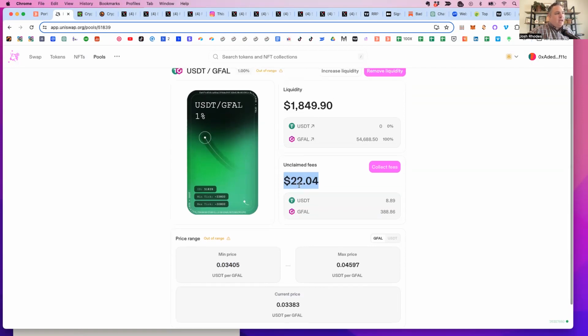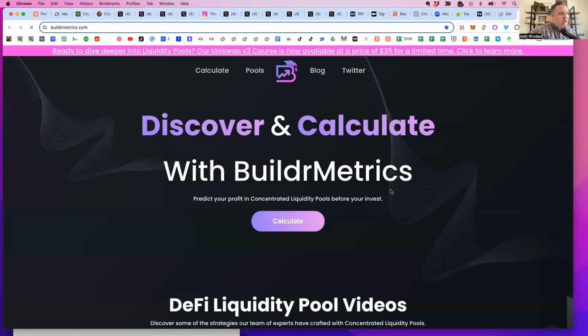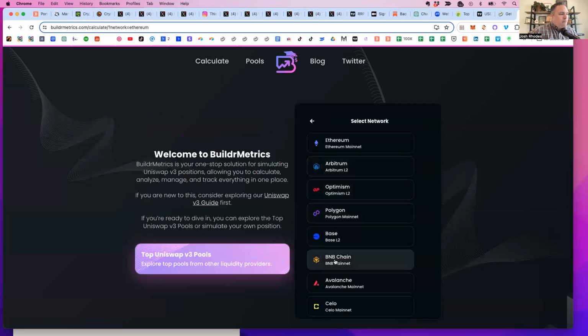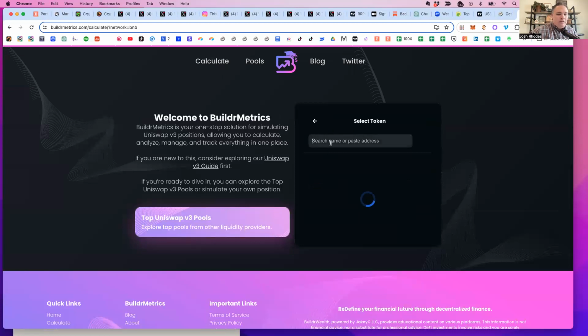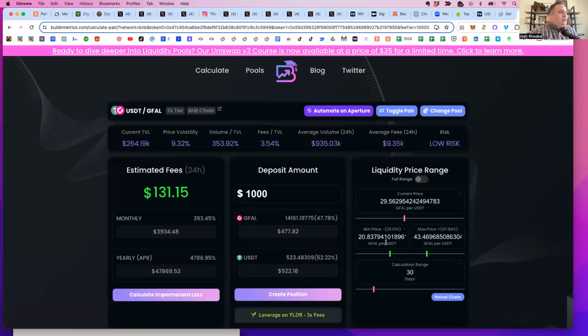And for those of you who went through the calculator exercise on Builder Metrics and did this calculation, and you're like, oh wow, the pair that I chose said that I'm going to have, like, an $80 a day return. Well, yes and no. That's an average based on a lot of different variables. So this one, for example, the GFAL USDT pair, if I do the calculations and currently if I were to put $1,000, it says I'm going to earn $131 a day at the current yearly APR.